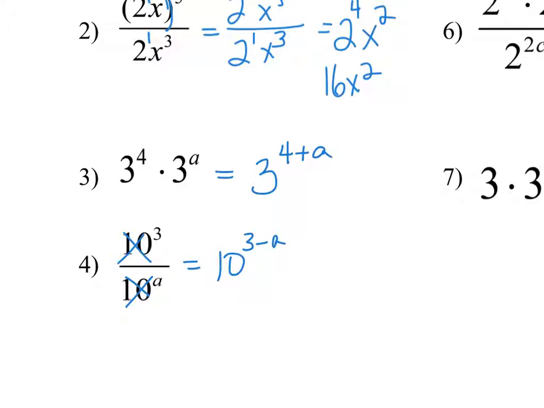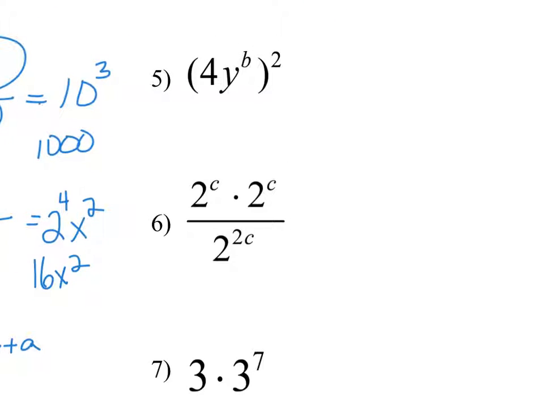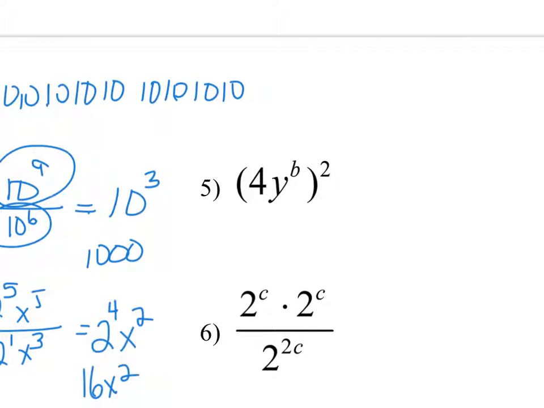That's all you can do. Okay? So up here, same deal. These things don't have exponents. The 4 doesn't, so I'm going to do that and multiply the exponents. So it's 4 squared, multiply 2 times b, and 4 squared is 16. I don't know where the x came from.